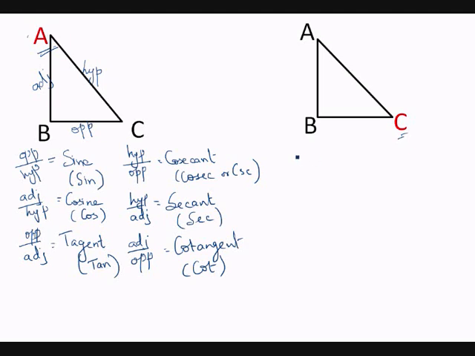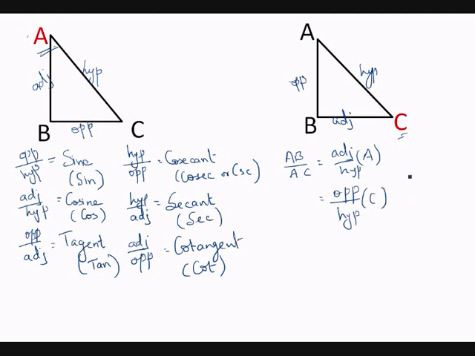So AB to AC will be adjacent to hypotenuse when angle A is considered. The same AB to AC when C is considered: this is opposite, this is adjacent, and this is hypotenuse. When angle C is considered, AB over AC becomes opposite to hypotenuse with the angle C.